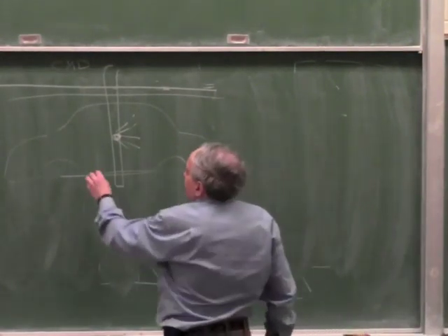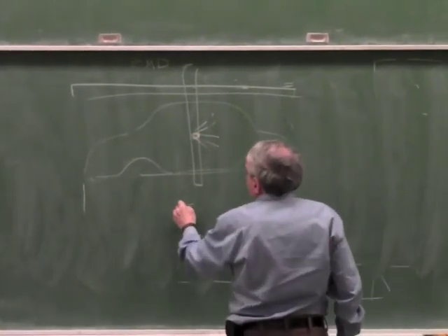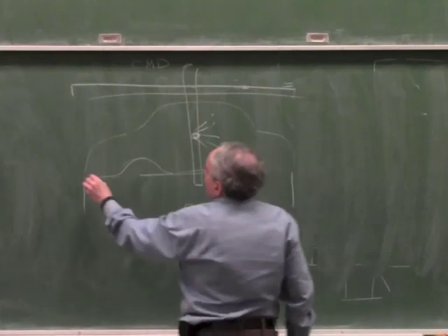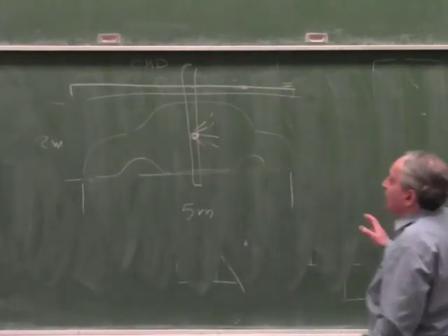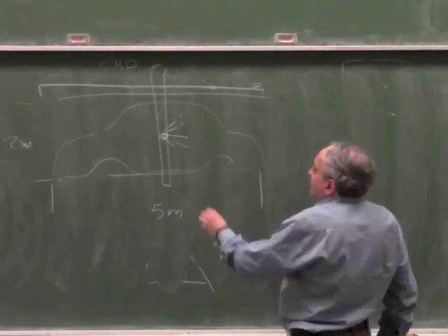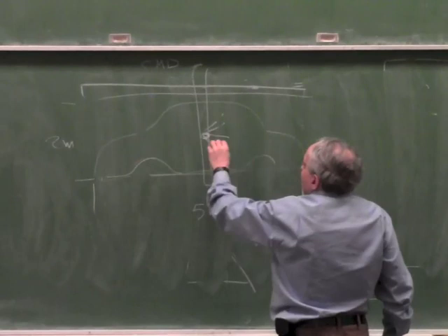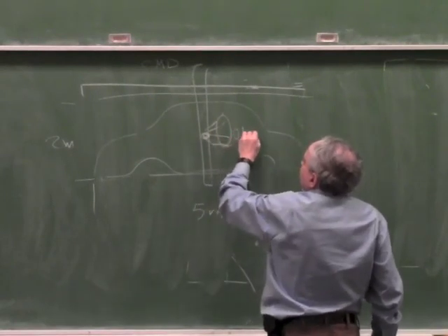So let's say the car is 5 meter by 2 meter, could be any shape, and let's say that each pass of the robot is 0.1 meter wide.